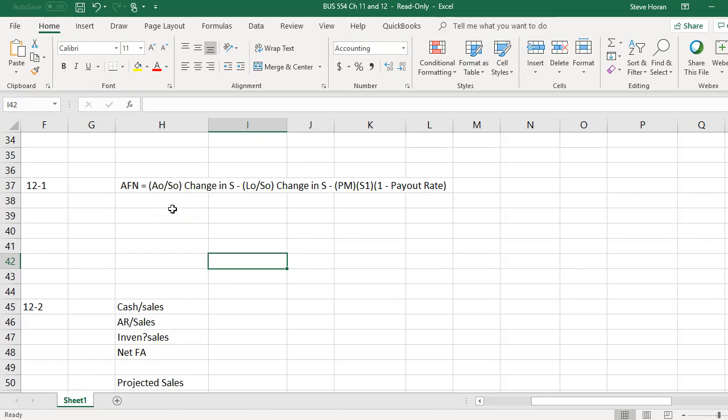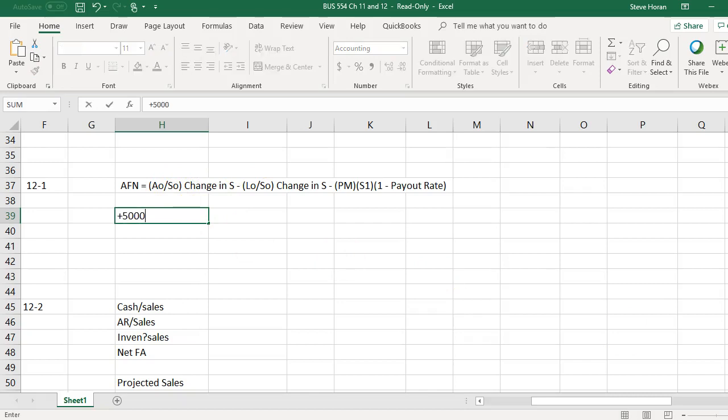Let's just go through and solve for this. What I'll do is solve for each section on its own. So let's solve for A0 divided by S0 times the change in sales. Assets were 5 million. I'm sorry, the sales number for the current year is 8 million. And we're going to multiply that by the change in sales.